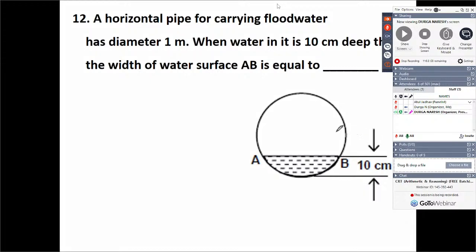Please think that any line drawn from the center of the circle is called a radius. Okay, you can take any line. This is called the diameter, but AB is not a diameter.